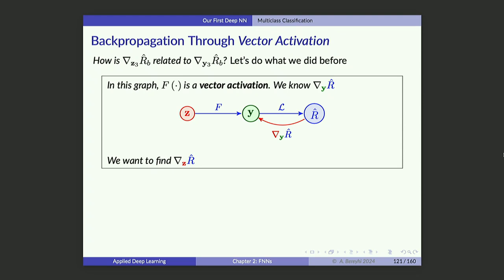And now what I do know also is that there existed one z, and then I pass this z through some vectorized function, and then I got y. Clear? Now, I just want to know how I can compute the gradient of r hat with respect to z now. Clear? So again, I break it down to a local operation. So if I can resolve that, everything is over, because then I have the whole pass completed, right?